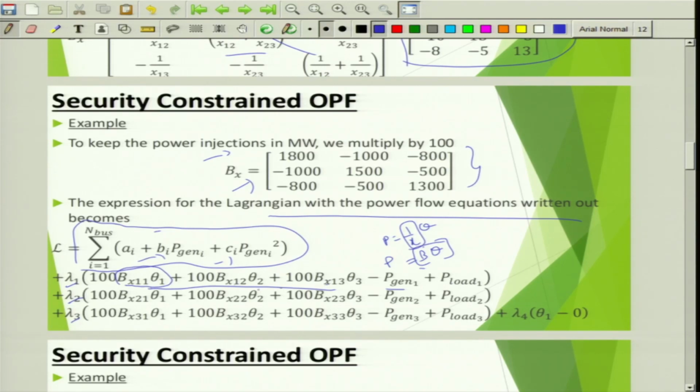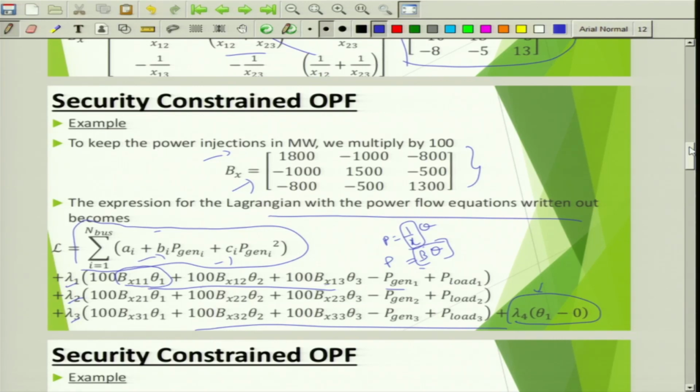So these are all generator power outputs with respect to individual angles. So now you get a set of equality constraints which are associated with individual Lagrangian multipliers, and this represents lambda 4, this represents the slack bus, theta 1 minus 0.